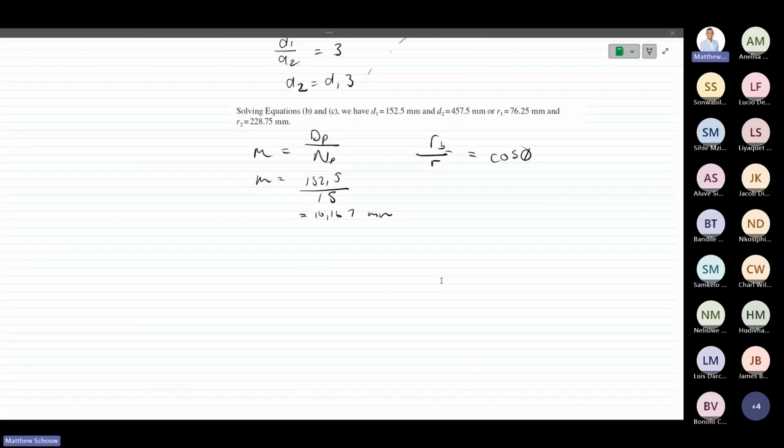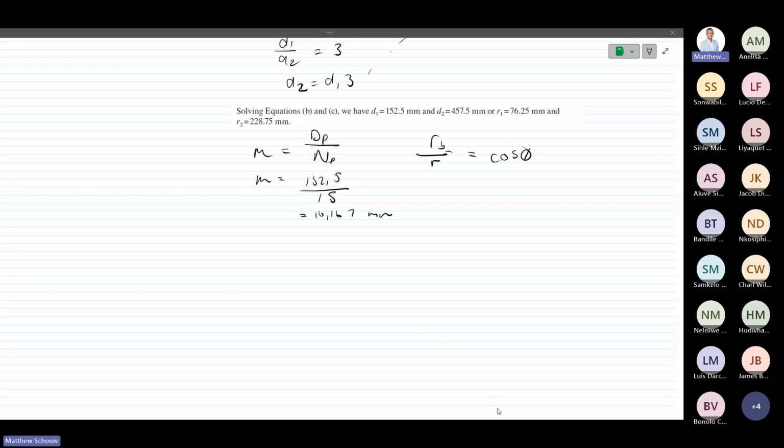Once we have a module, we need to find our addendum, and that's going to be easy. This is a bit debatable because your addendum is based on the table over here.